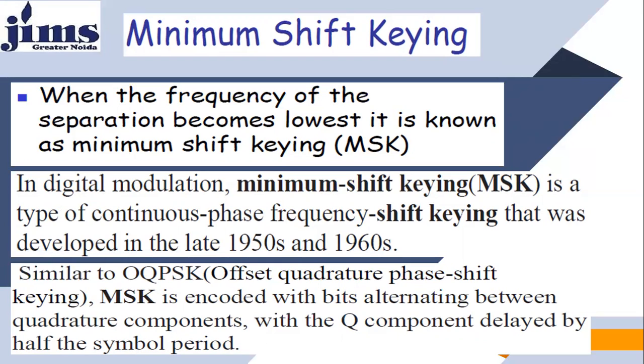In digital modulation, minimum shift keying, MSK, is a type of continuous phase frequency shift keying that was developed in the late 1950s and 1960s. Similar to QPSK, offset quadrature phase shift keying, MSK is encoded with bits alternating between quadrature components, with the Q component delayed by half the symbol period.